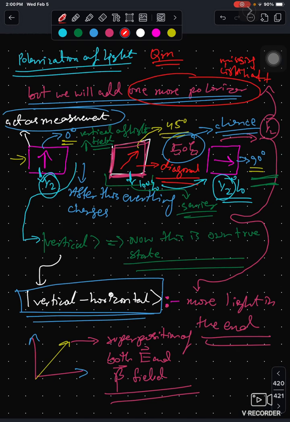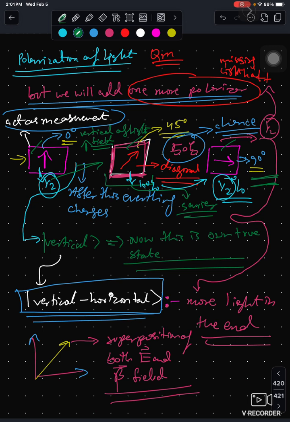Like, in my opinion, of course, we have different opinions. So here, a certain amount of light was stopped. That same light turned into a superposition of both horizontal and vertical as a measurement was made. Again, measurement was made here, here, and here. Every change in quantum mechanics is nothing but a measurement being done, and that measurement is nothing but the collapse of the wave function.